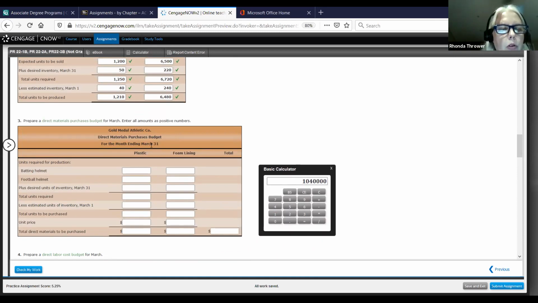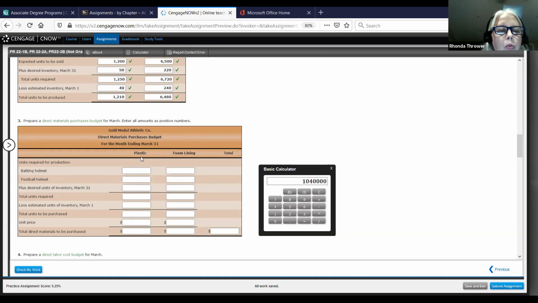All right, with your direct materials purchases budget, that's the next budget that you would prepare. You need your production budget, the one that you prepared earlier, to feed into this budget. Notice in the first part of this, they're wanting you to write down the units required for production, batting helmets, and they want to know the plastic and the foam lining that you're going to need to buy.